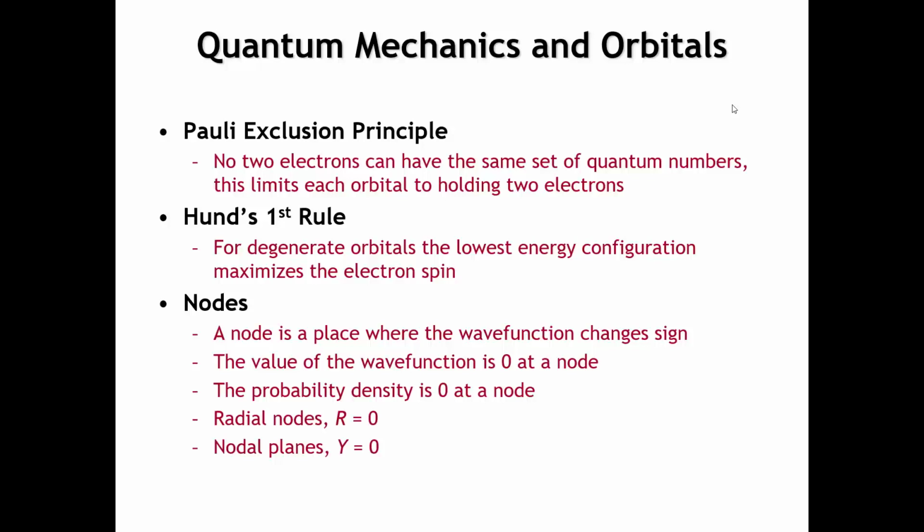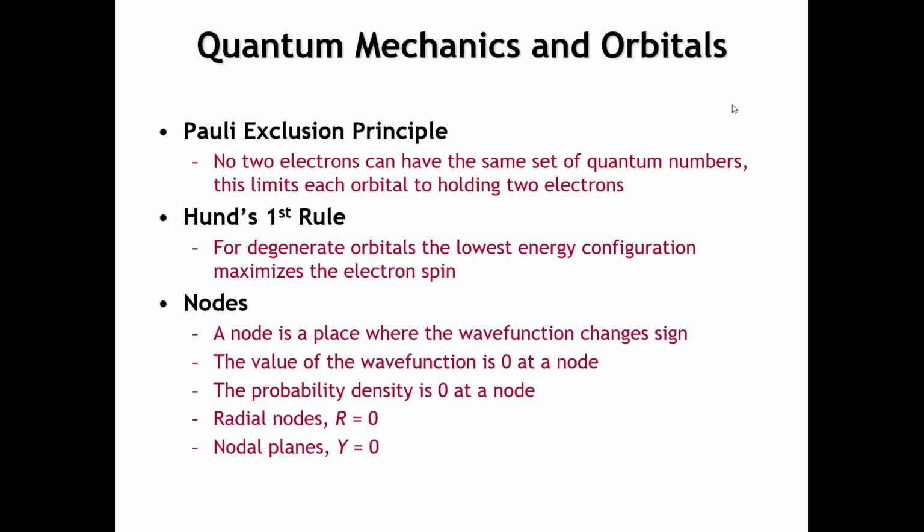There's also Hund's rules, and here we're just going to deal with Hund's first rule, which tells us that if we have degenerate orbitals that are at the same energy, like for example when we might encounter the d orbitals, we'll see there's 5 degenerate orbitals, and Hund's rule tells us that the lowest energy configuration is the one that maximizes the electron spin.